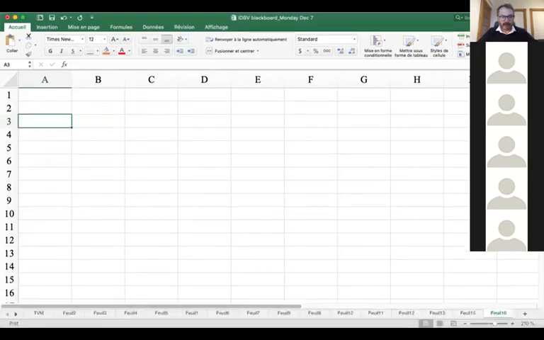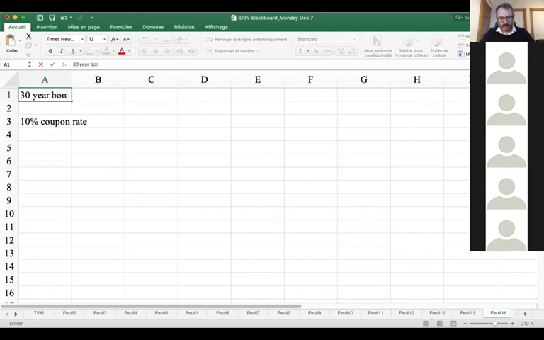So the first one is 10% coupon rate, okay? All three of them are 30 years long. Okay, 10% coupon rate, 5% coupon rate, and 3% coupon rate.